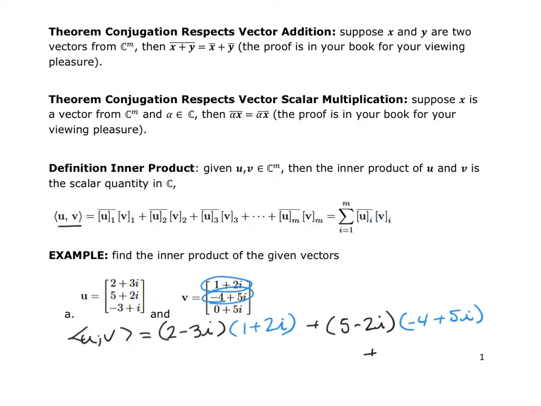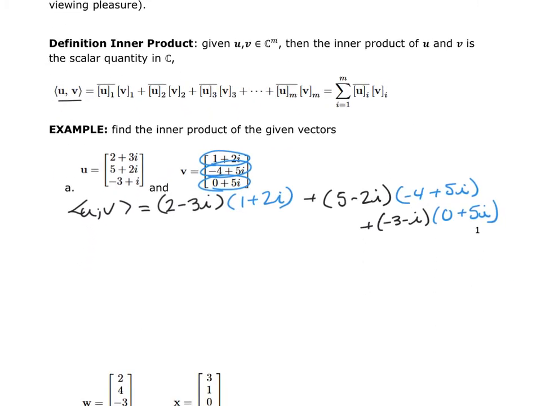The conjugate of this negative 3 plus i is going to be negative 3 minus i, and then multiplying by what's in the position of the second vector, third position. So 0 plus 5i.